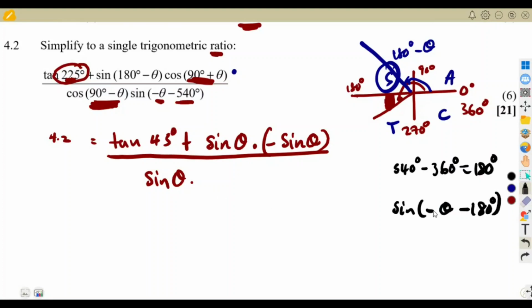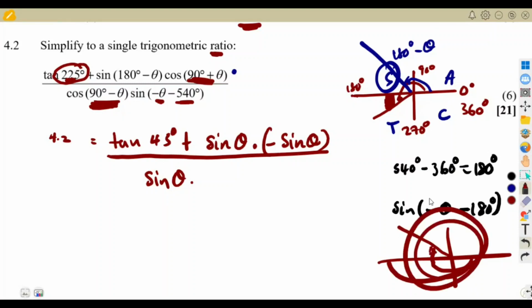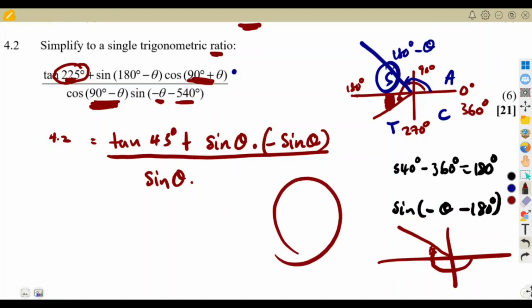And what type of angle is this one? Minus theta minus 180. It's a negative angle. Remember, negative angles are the ones that move in a clockwise direction. As long as you are moving in the clockwise direction, it's negative.